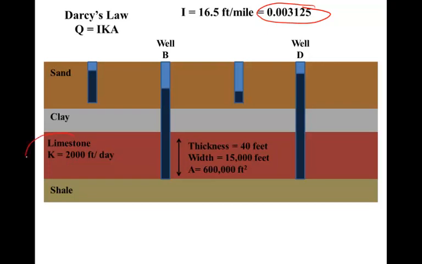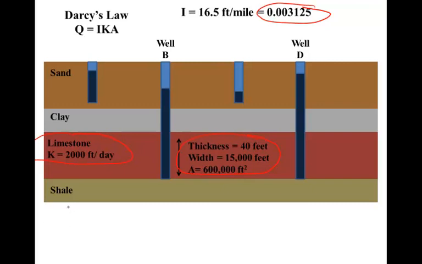Conductivity of the limestone is a given. How thick and how wide is the aquifer? We need to measure the aquifer material, 40 feet thick by 15,000 feet wide in this case, given an area of 600,000 square feet in this particular example.